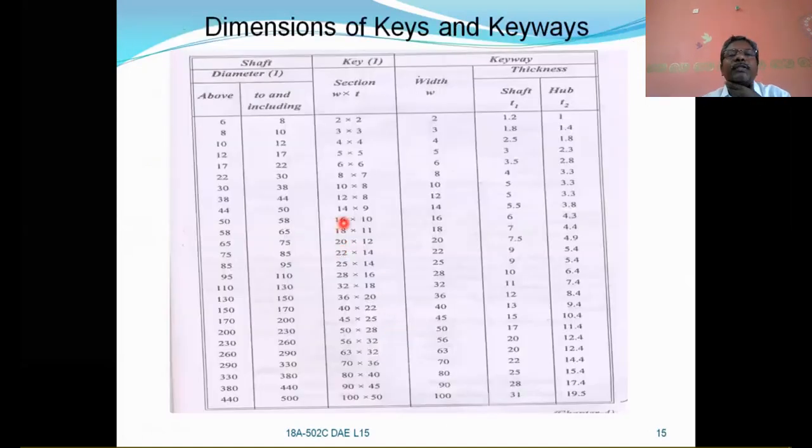The standard proportions as per the Bureau of Indian Standards are given in tabular form, based on the diameter of the shaft. These are the proportions of the key, the width of the key, and the shaft and hub. This is the table provided by the Bureau of Indian Standards to take standard proportions.